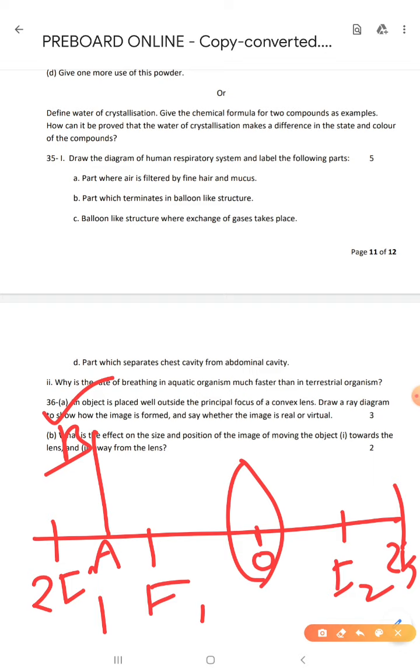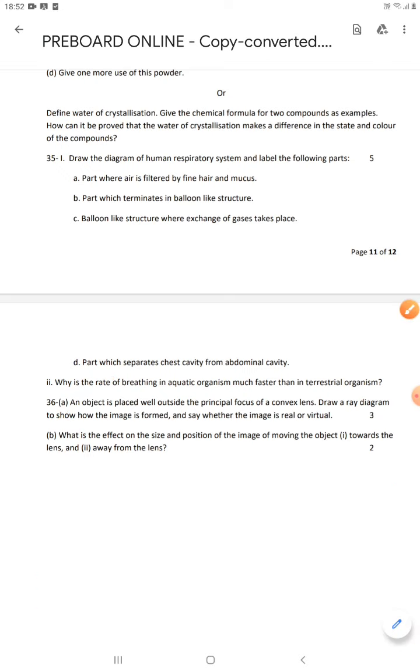When the object is placed between F and 2F, it always forms beyond 2F, and it is real and inverted. We have to draw the image in this question.